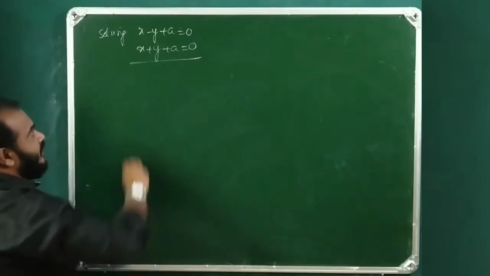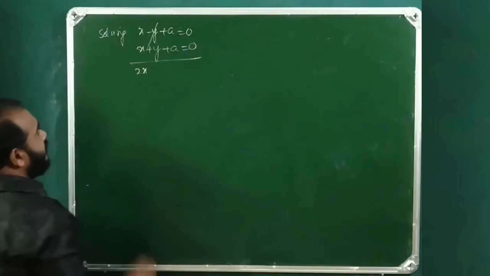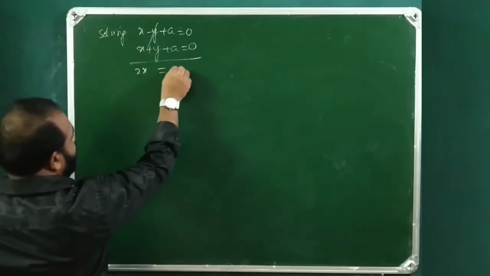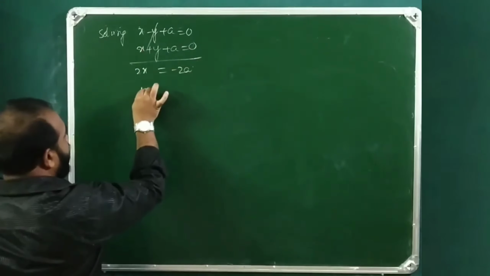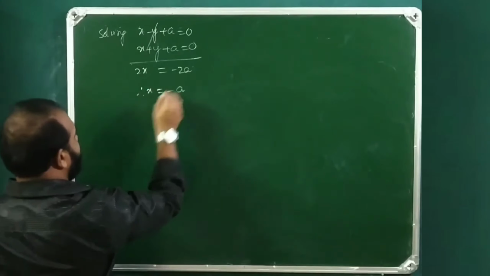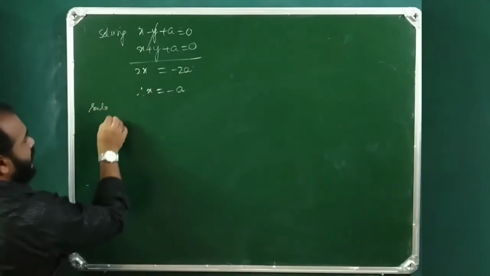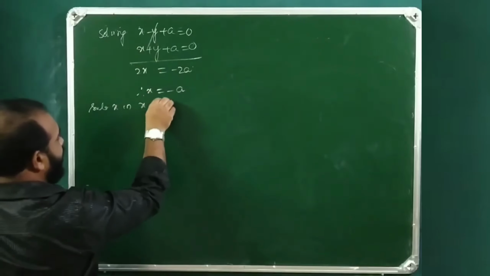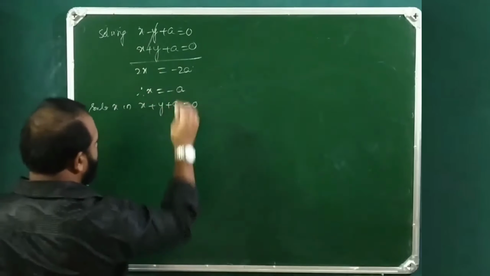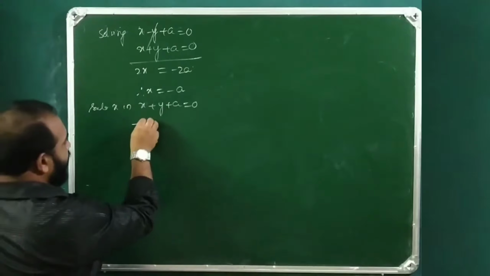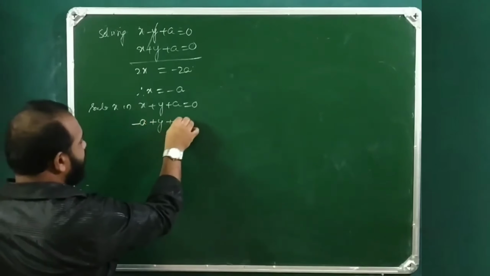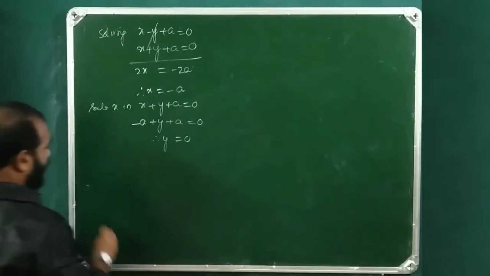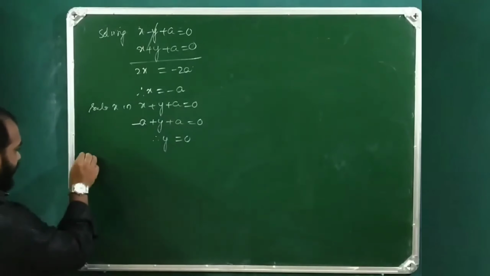So subtracting, 2x, a plus a is 2a, this is equal to minus 2a. Therefore, x is equal to minus a. Substituting x in any one of these equations, x plus y plus a equals 0, minus a plus y plus a equals 0. Therefore, y equals 0. Therefore, the point of intersection of the tangents.